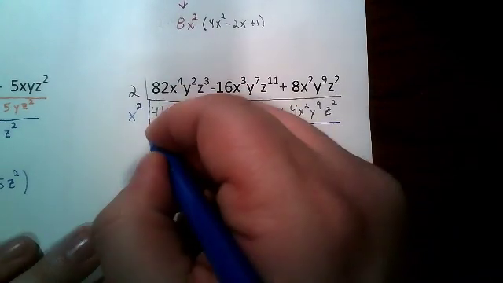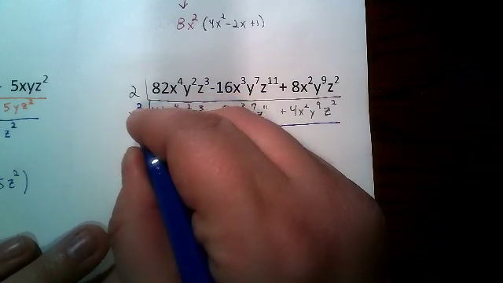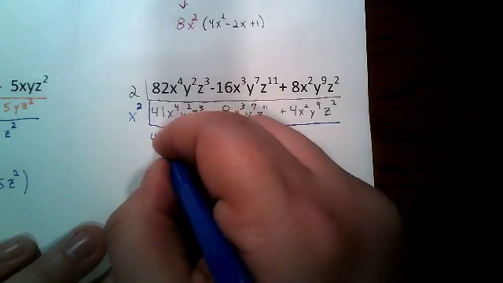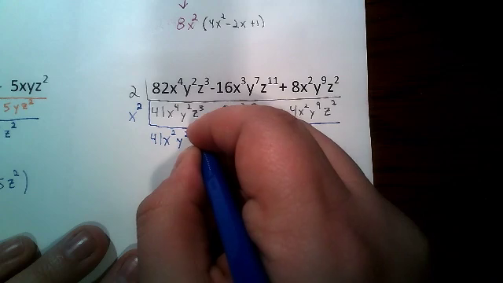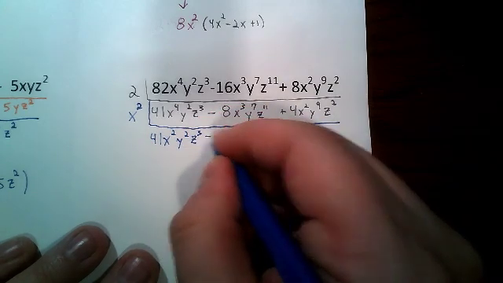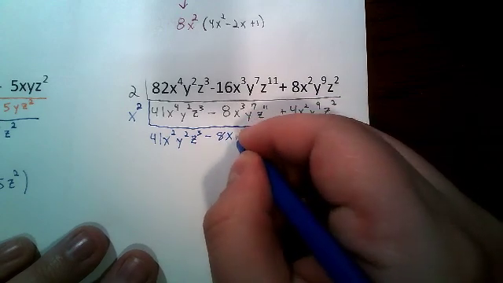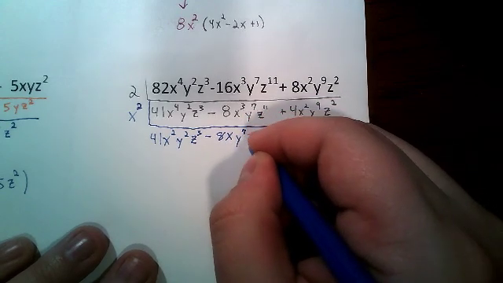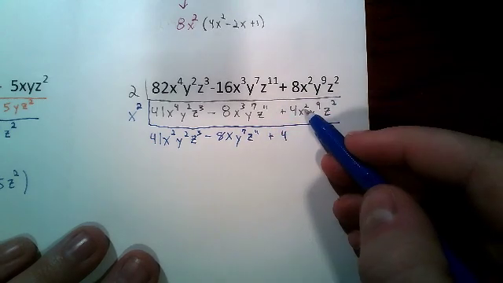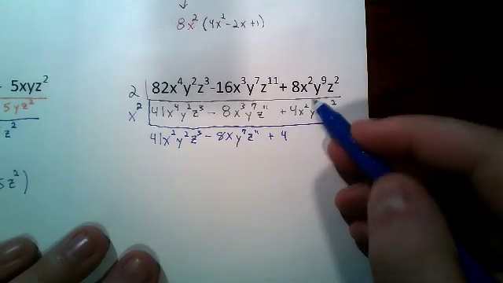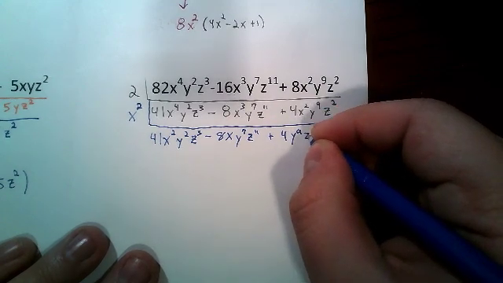And what I have left here is 41. Instead of x to the 4th, I took away 2 x's, and it's x squared, y squared, z cubed, minus 8. I took away 2 x's, so just x left, y to the 7th, z to the 11th, plus 4. I took away 2 x's, so I don't have any x's left here. It's just 4y to the 9th, z squared.